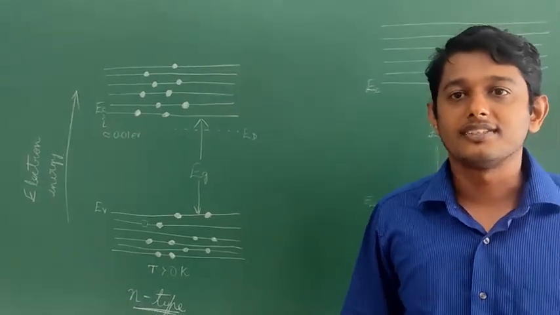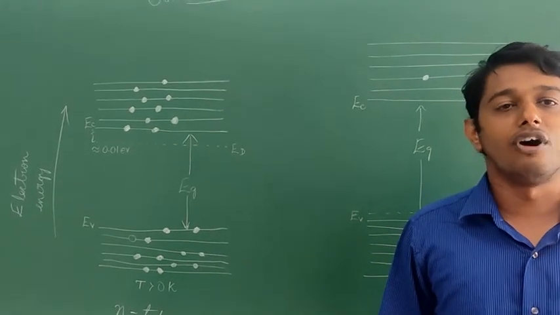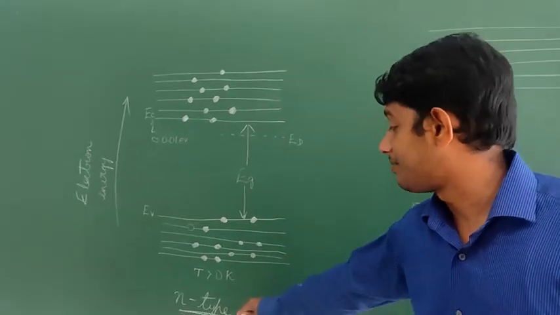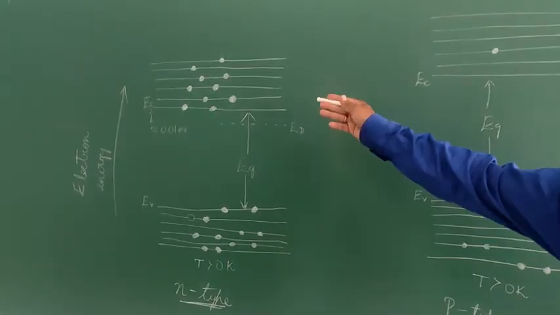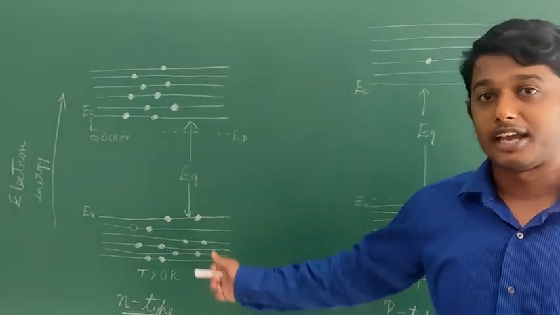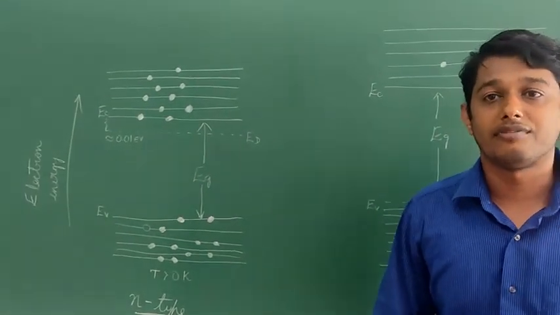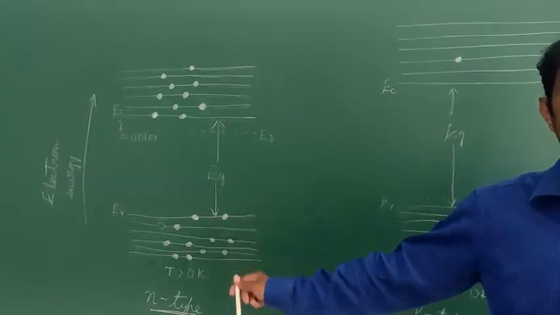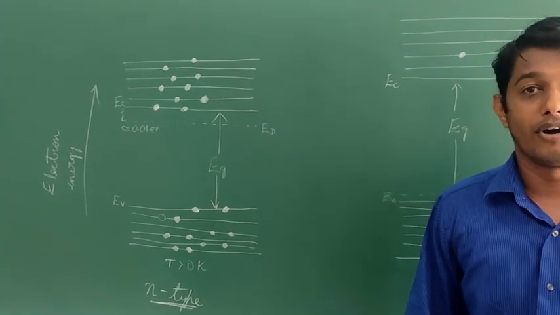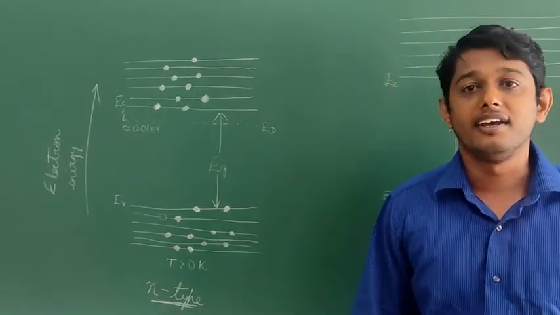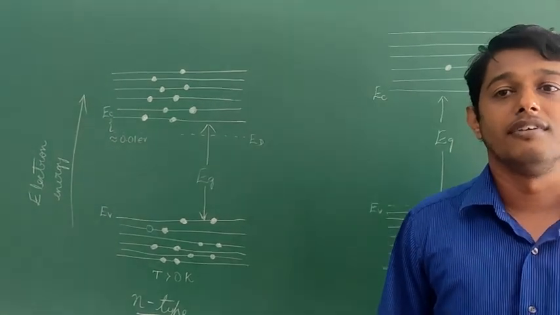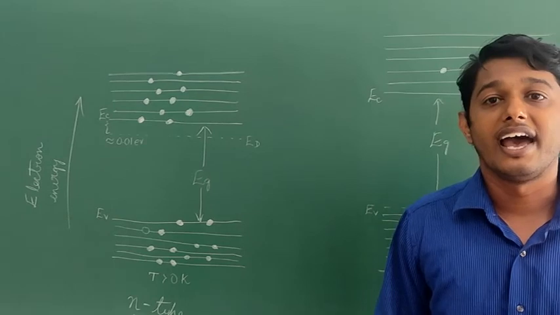The next topic is N-type semiconductor on the basis of energy band diagram. In the energy band diagram of N-type silicon semiconductor, the donor energy level ED is slightly below the bottom EC of the conduction band, and the electrons from this level move into the conduction band with a very small supply of energy.